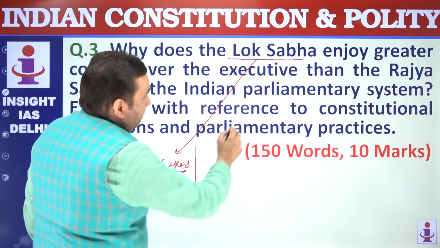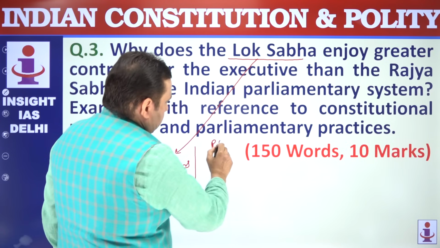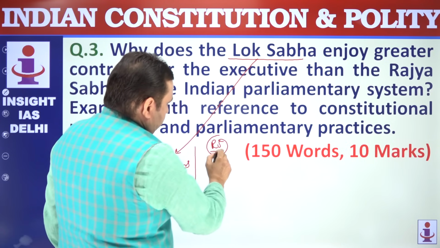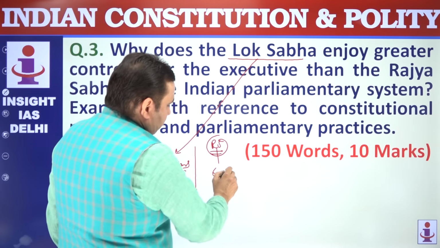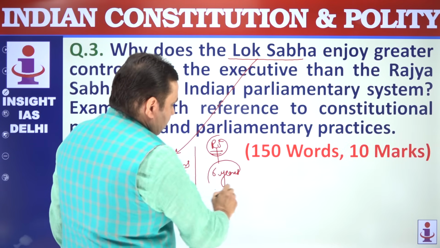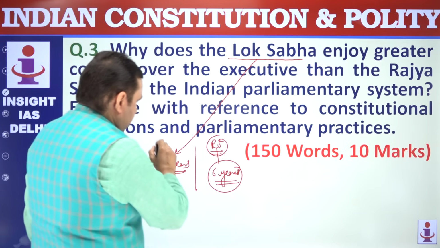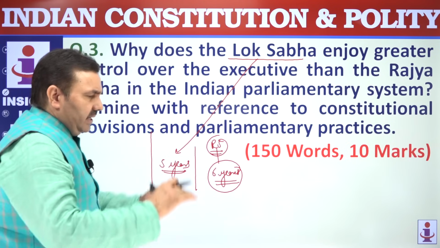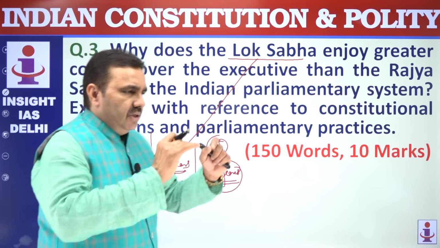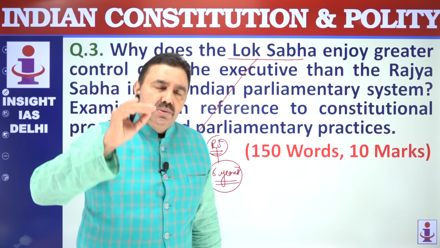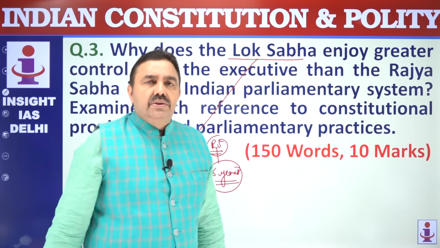Rajya Sabha is a permanent house. So 1/3 of members retire after every 2 years, and members are elected indirectly for a tenure of 6 years.